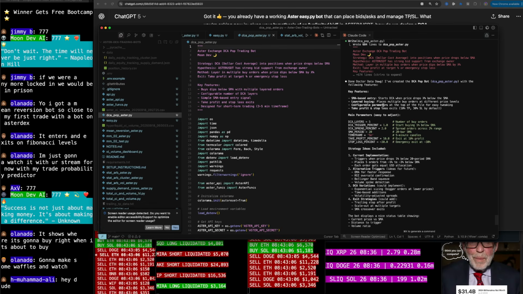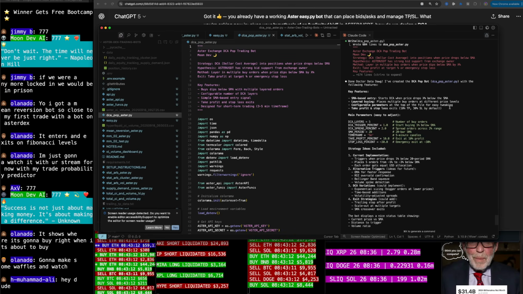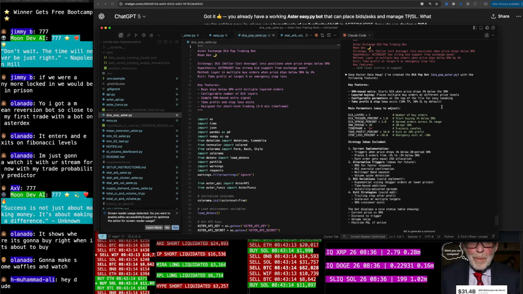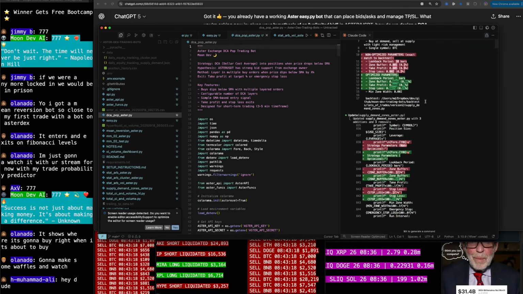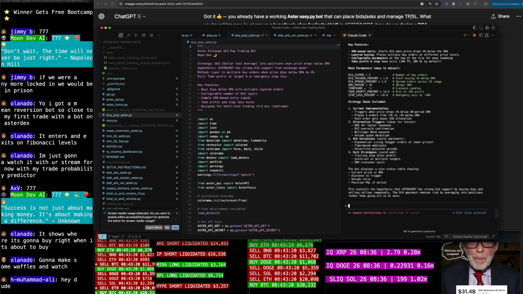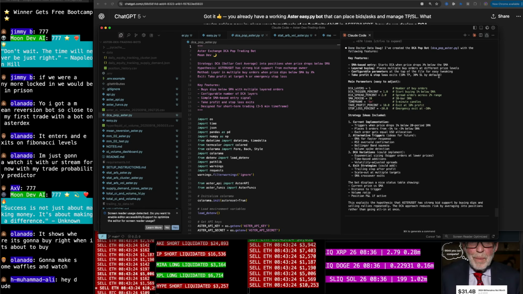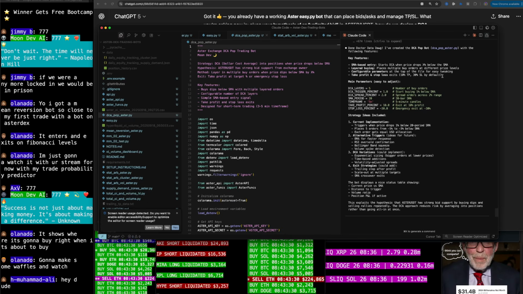Layered buy-in places multiple buy orders at different price levels. Configurable parameters at the top of the file for easy tweaking. Take profit and stop loss. 10% TP, 30% SL.